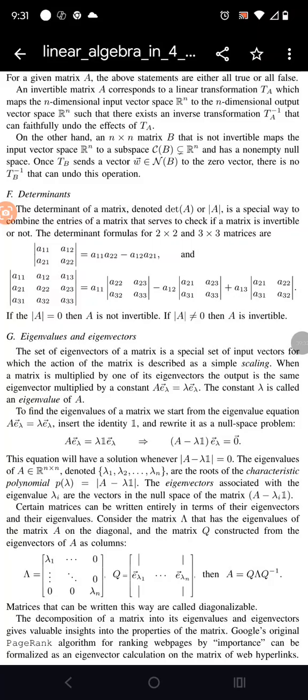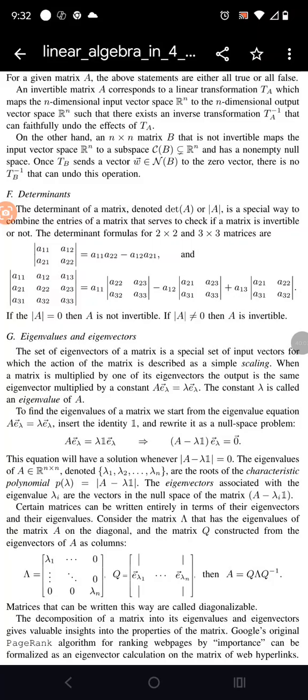So the action of the matrix is described as a simple scaling. The set of eigenvectors of a matrix is this special set of input vectors for which the action of the matrix, the linear transformation, is described as a simple scaling. The scaling factor is lambda, the eigenvalue for the corresponding eigenvector.